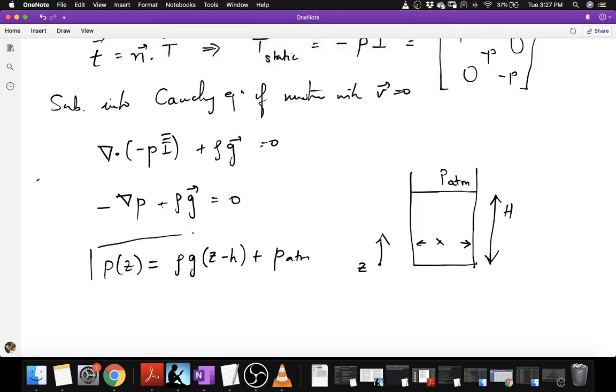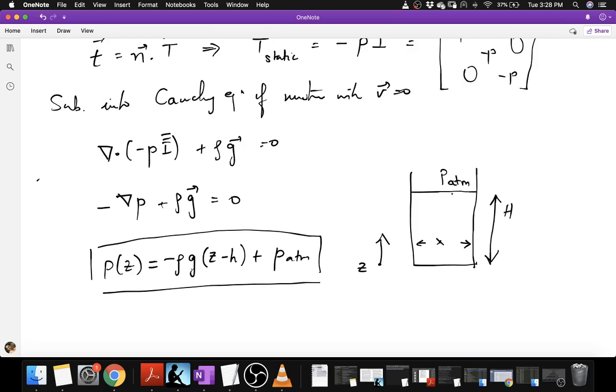So at z equal to H, the pressure is just atmospheric pressure, and as z decreases towards 0, we have the pressure increasing. Do I have this right? I think I made a sign error. Yes, of course, there should be a negative sign. So at z equal to H, the pressure is atmospheric, but as z decreases towards 0, you have atmospheric pressure plus, essentially, if z is 0, P atmospheric plus rho G H.